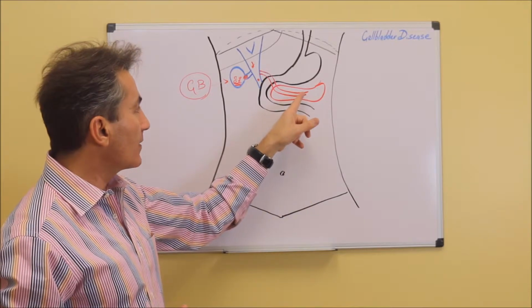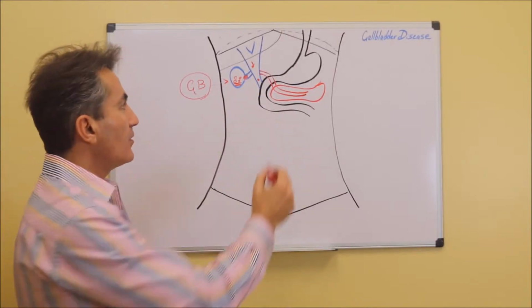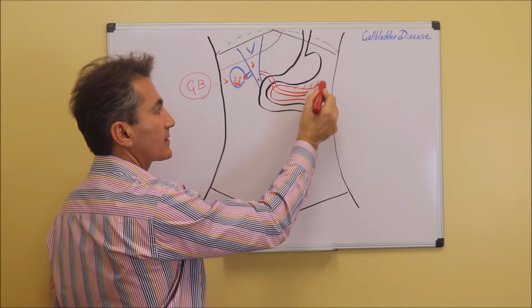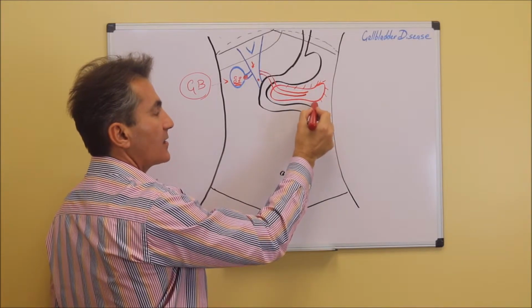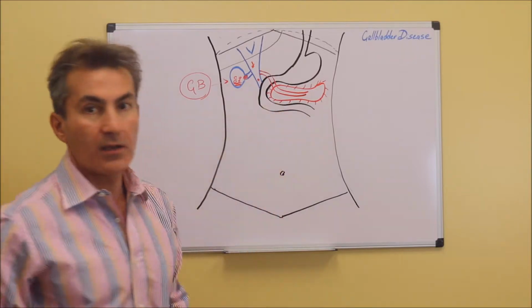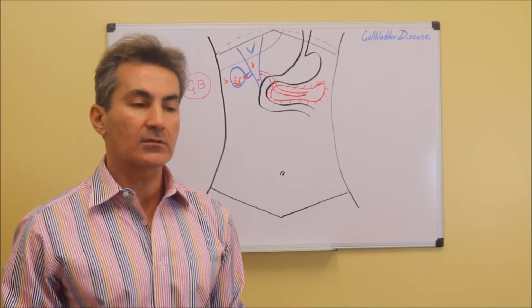And if you have an obstruction with a stone in the common bile duct, you can develop an obstruction of the pancreas, and then you can develop pancreatitis. So one of the side effects or complications related to the stones of the gallbladder is also pancreatitis. So those are the presentations that people usually present with to the emergency room.